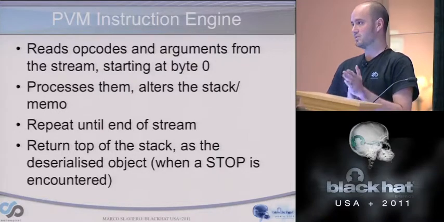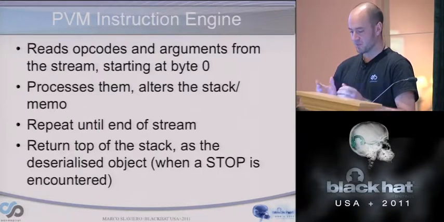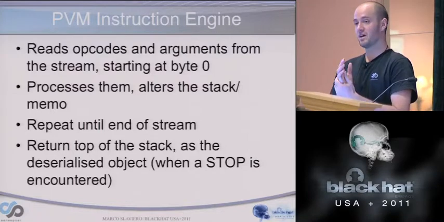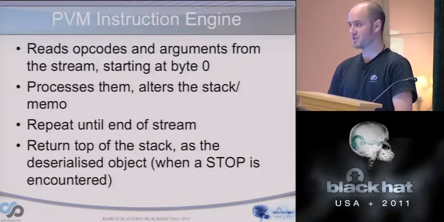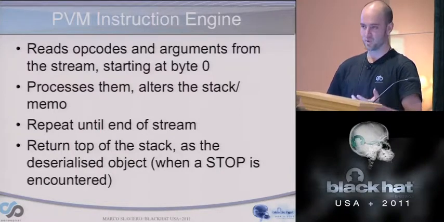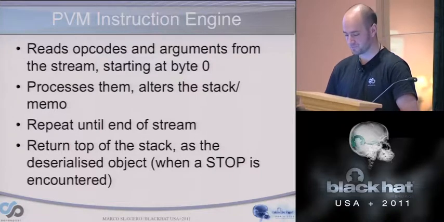That instruction will instruct the engine to do something with data that is stored inside the stream. It may load that data onto the stack. It may change the stack. It may alter the memo. But the point is that we've got instructions and data that are mixed together. So if the instruction engine drops into the middle of a Pickle stream, it can't tell if it's in the middle of data or instructions, which may sound somewhat familiar from memory corruption.